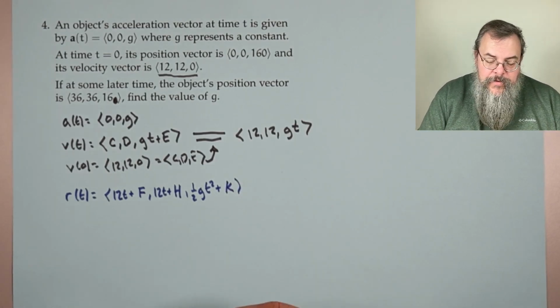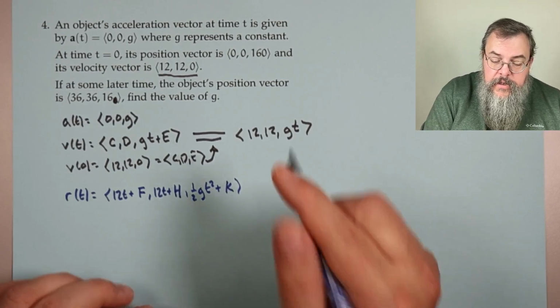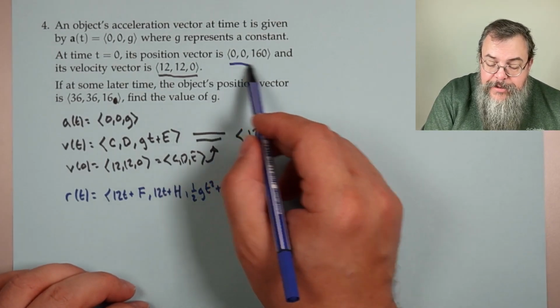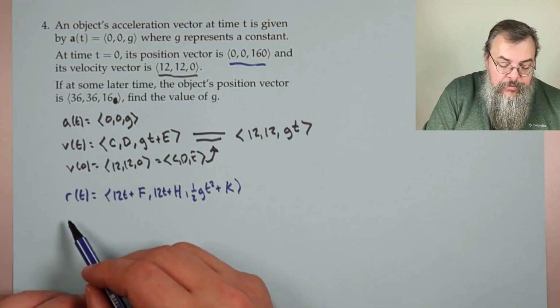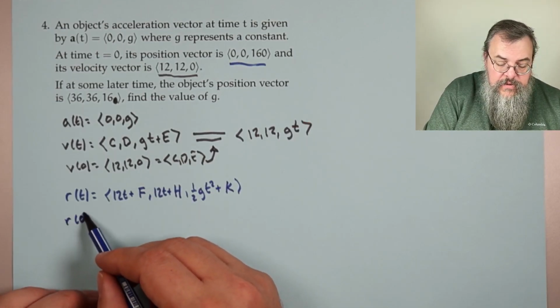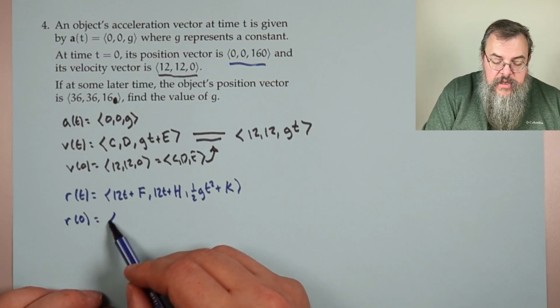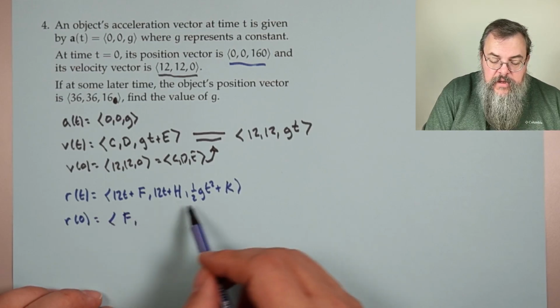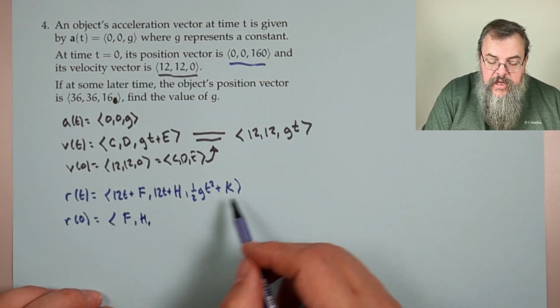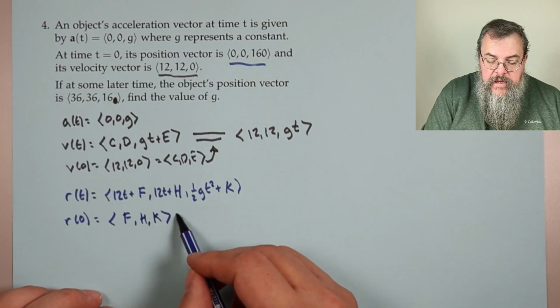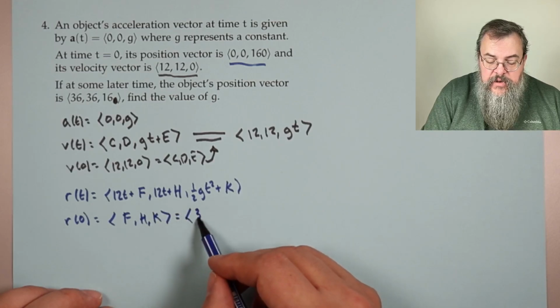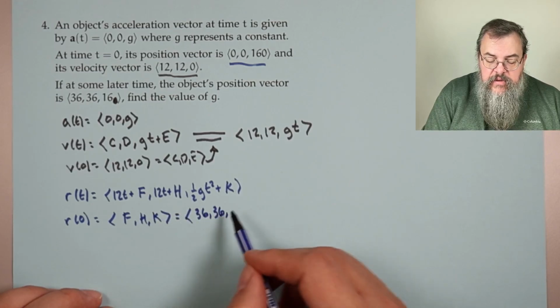All right. Cool. Again, we have an initial position. So r of 0 is what? Well, we plug it in: f, h, k. And that has to match 0, 0, 160.